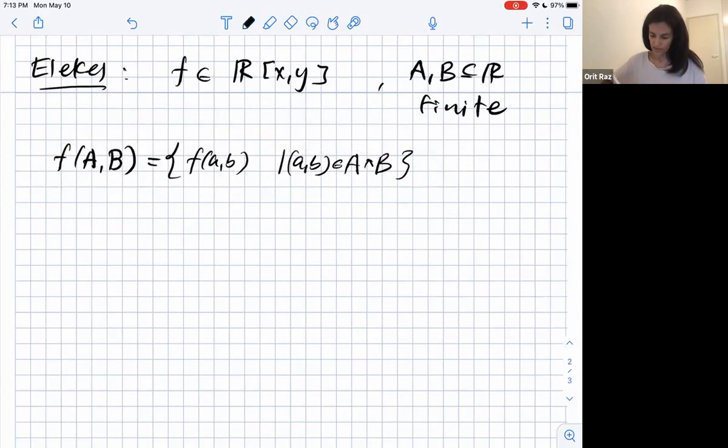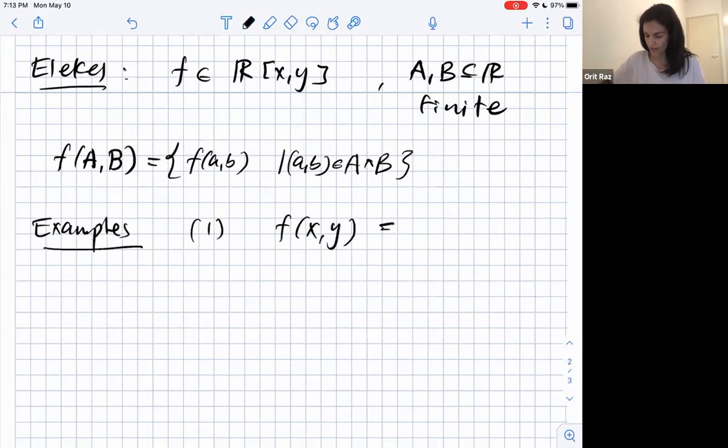So we already saw two examples, right? We saw that if f is the polynomial x plus y, then we can choose a and b both to be the first n integers, and then we can make sure that the image of a Cartesian product b under f will be linear in n, right?